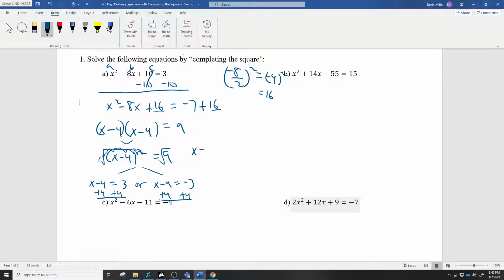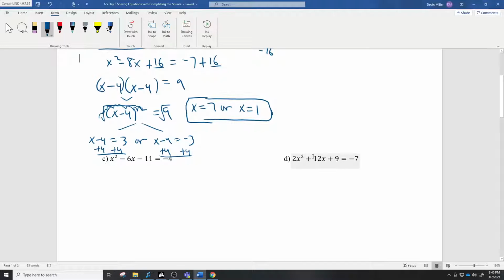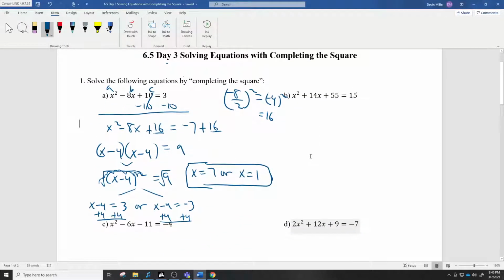One answer would be x equals 7, or negative 3 plus 4, x equals 1. Those are your two answers. So here's one way you can actually solve these equations, whereas you normally would not be able to. Also, you would not be able to get one side equal to 0 and factor, because this would not be a factorable problem. Sometimes they are, sometimes they aren't.